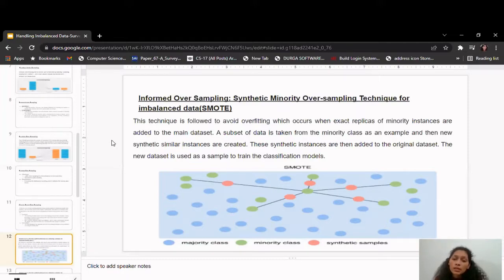A subset of data is taken from the minority class and then new synthetic similar instances are created. These synthetic instances are then added to the original dataset. The new dataset is used as a sample to train the classification models. So here basically we are using some algorithms, and we are creating some synthetic datasets in order to avoid the data imbalance, and then we try to train our model.